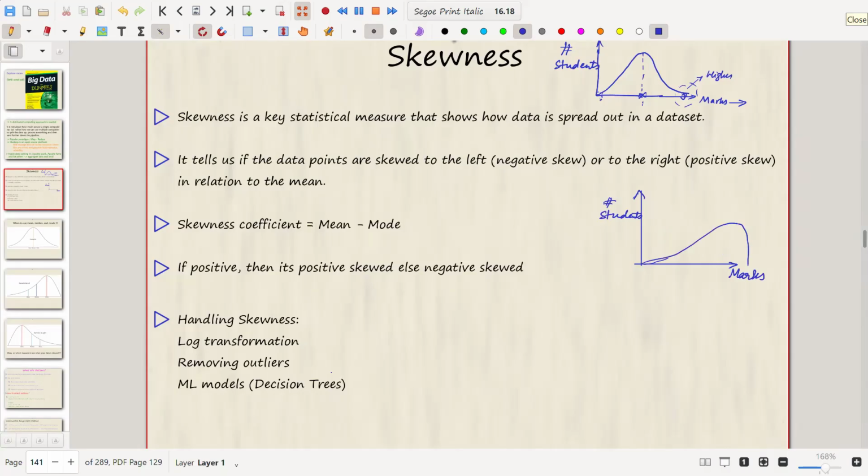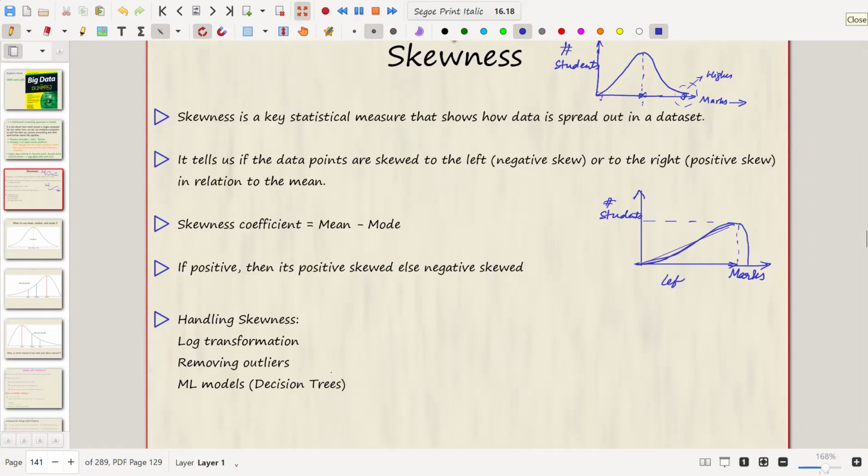So what happens in my case is that the maximum number of students get higher marks in my subjects, and many people ask why this is the case. If it happens like this, you can see it has a skewed distribution towards the left.